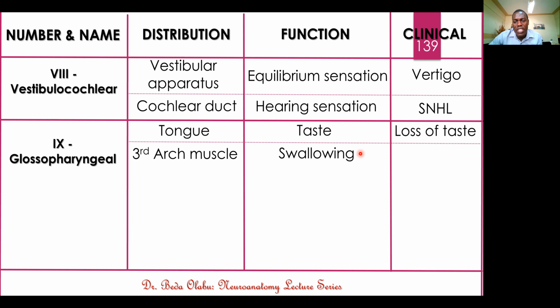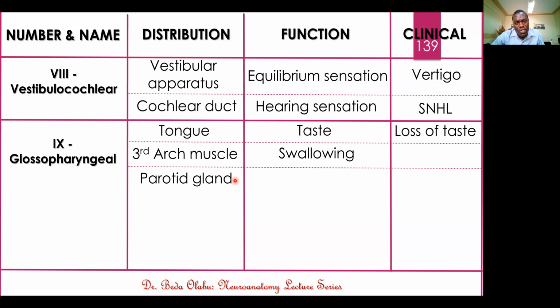I may not say much about the clinical effect of injuring the glossopharyngeal nerve with regard to that, because this is not the only muscle that is important for swallowing. As a matter of fact, it's only one muscle, yet we have many other muscles which are important for swallowing. So you may not affect much of swallowing if you affect the glossopharyngeal nerve.